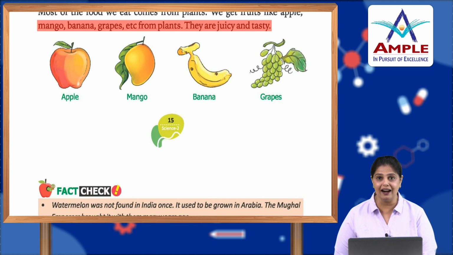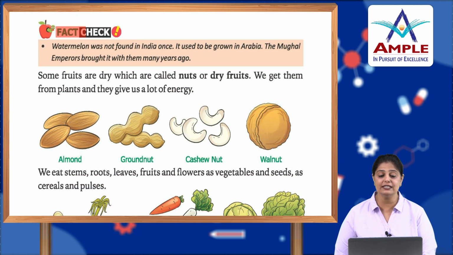Fleshy, juicy, aren't they? Alright, so now let's do a fact check. Watermelon was not found in India once. It used to be grown in Arabia. The Mughal emperors brought it with them many years ago.